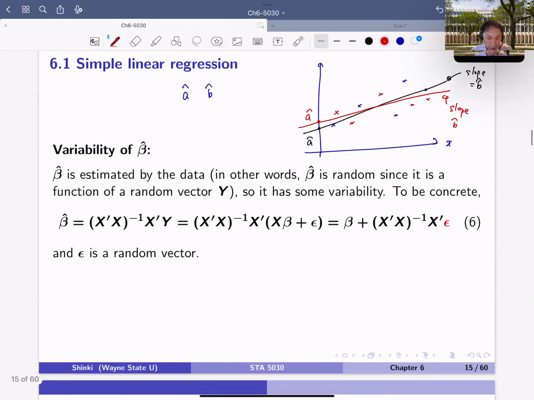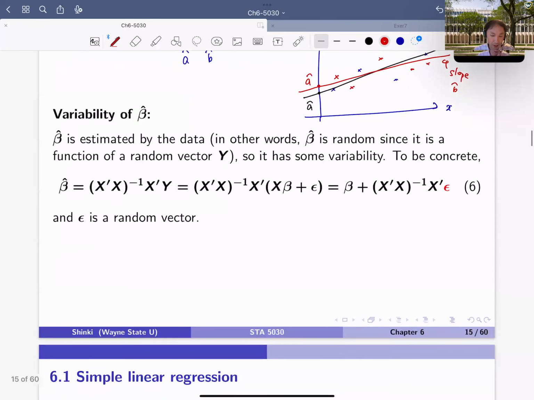So we want to see how much variability a hat has, and also how much variability b hat has, and also what's the relationship between a hat and b hat. If a hat is larger, then is b hat smaller, or is b hat also larger? We want to know those pieces of information.